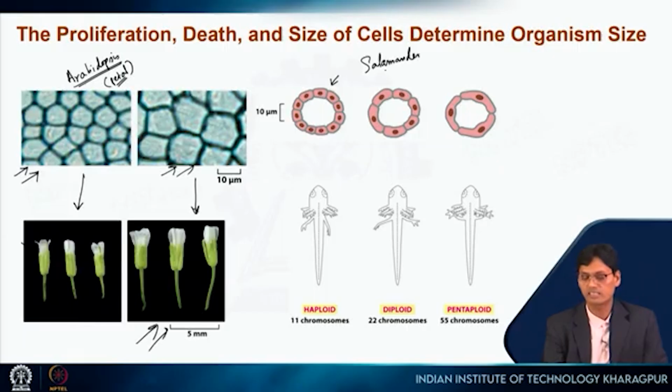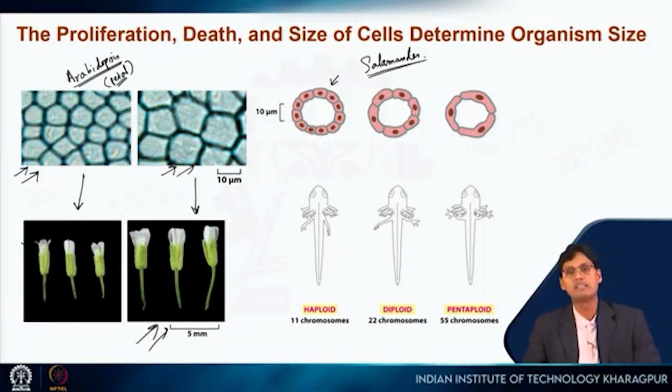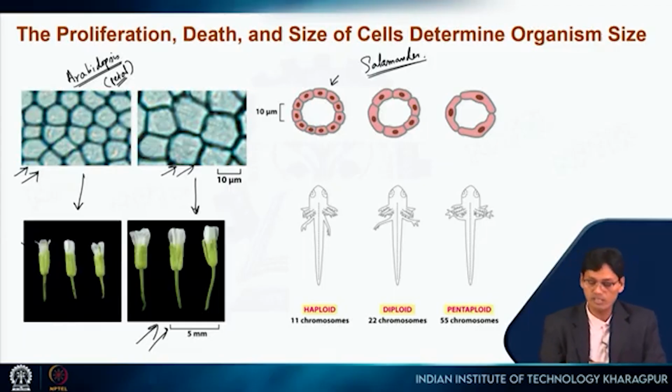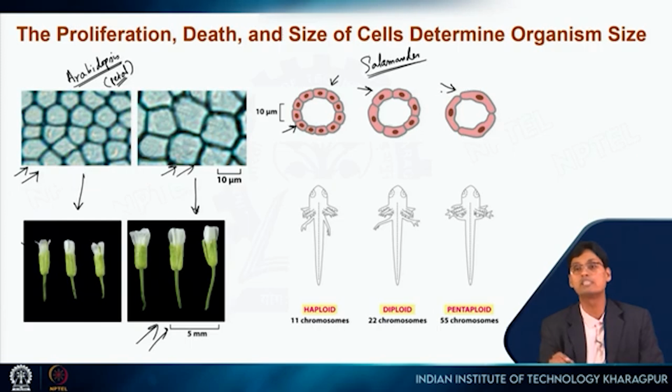Again, this is an amphibian, just like frog. If you see their kidney tubule, in this tubule you will see multiple cells are present. And here the cell numbers are going low, only a few cells are present, but still they are forming the tube.